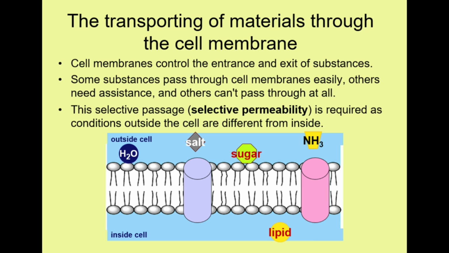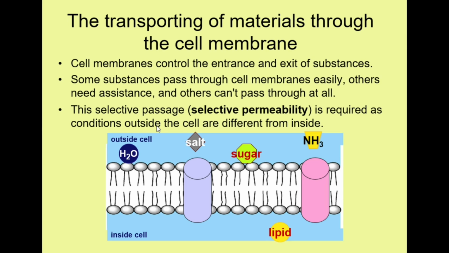So notice how they acted like a channel that enabled these things in and out of the cell. Instead of passing directly through the phospholipid bilayer, which they cannot do, they can travel through these transmembrane proteins. Over here we've got water.